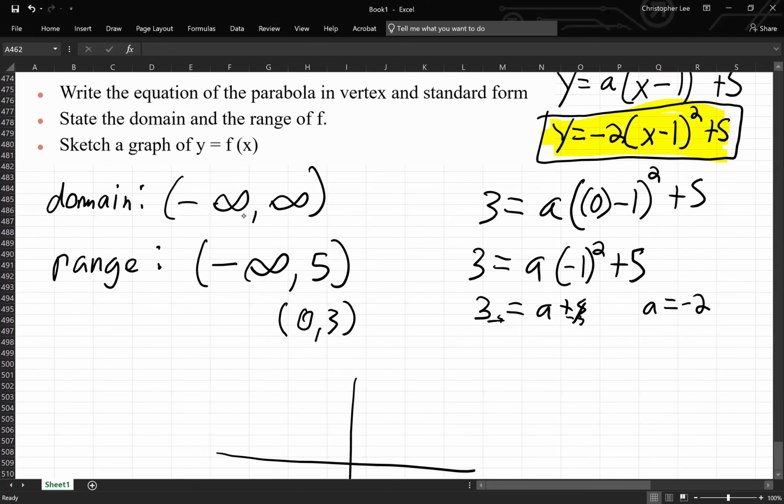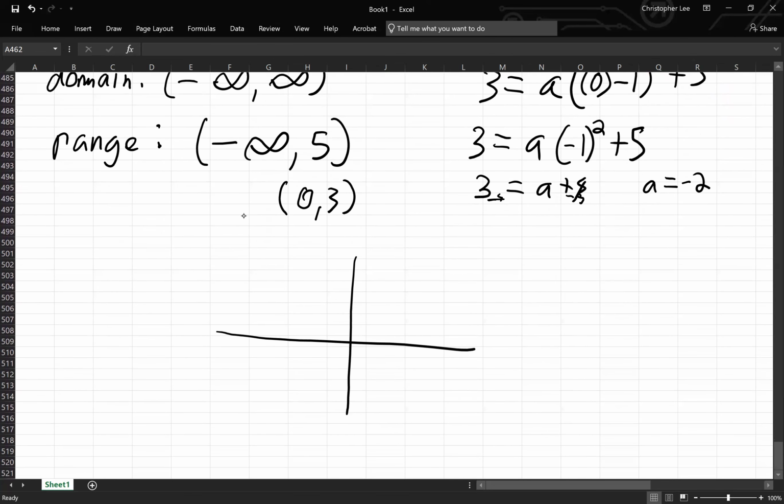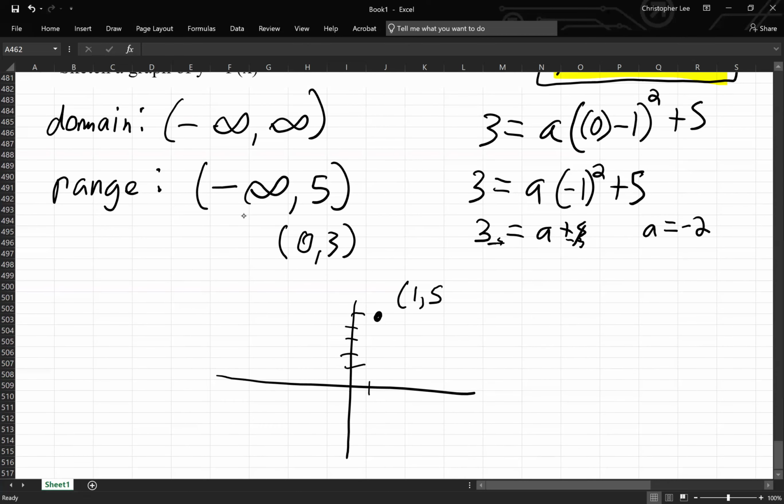What's my vertex again? I forgot. (1, 5). So I'm going to come across to 1, go up to 5: 1, 2, 3, 4, 5, right here. Vertex at (1, 5). I do need to find my x-intercepts. I didn't find that yet, so we're going to have to go through that.